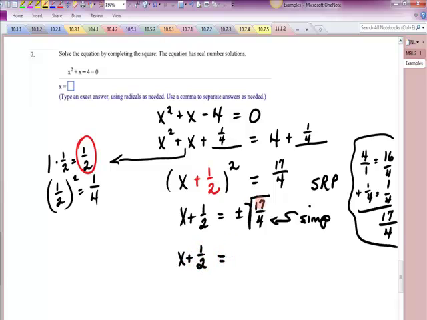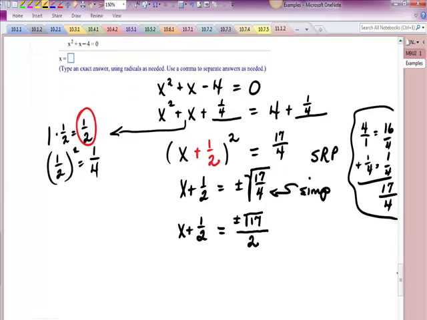I can't simplify the numerator, so I will shrink the radical to just be over the 17, keeping the plus or minus, but the square root of 4 is 2. And that's no longer under a radical. So now I subtract 1/2 from both sides, and I have x is equal to negative 1/2 plus or minus the square root of 17/2.